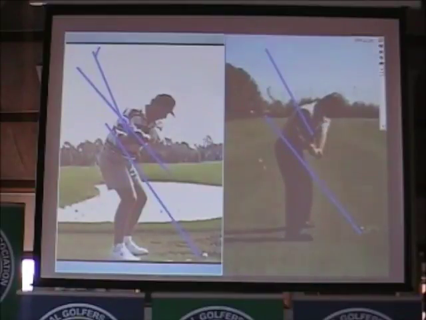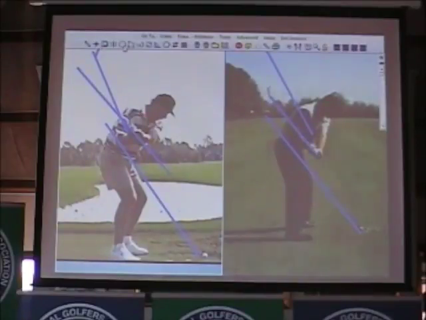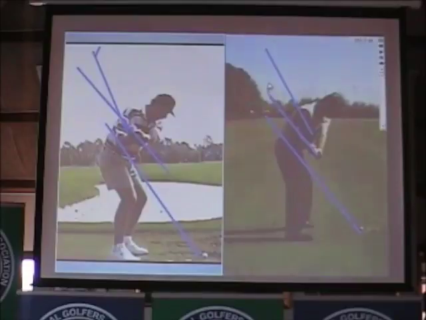There are two world number ones who did very similar things with the plane. The important thing is, coming down, they're both perfectly back on plane. So the swing plane, as you'll see, is parallel.